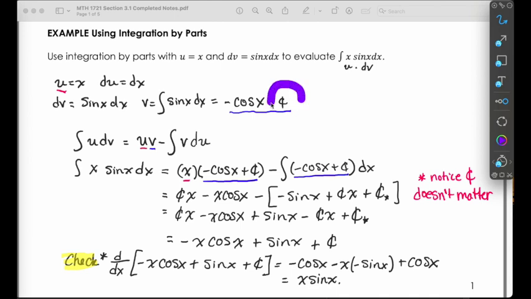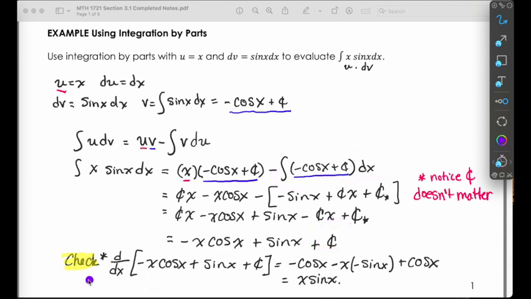So that's why I'm saying this doesn't particularly matter if you want to leave it out. All right, so we've got minus x cosine x plus sine x plus this constant that's left from when we integrated this one here.